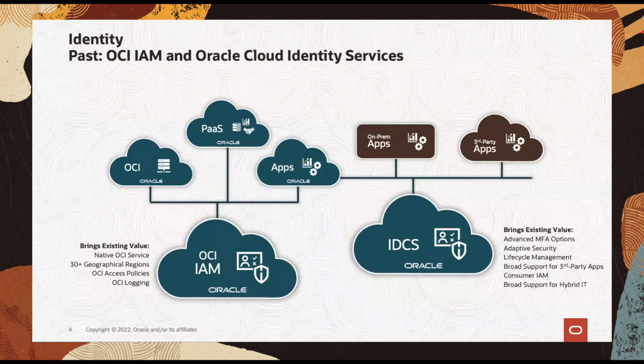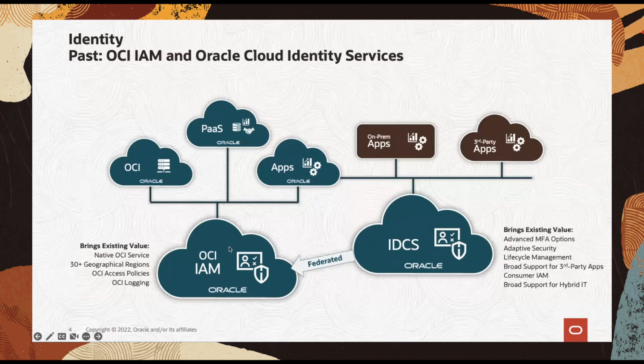So now with the help of the OCI IAM and the IDCS, we were able to manage a few of the resources on the OCI and also give seamless single sign-on authentication to the on-premise and third-party applications. And then we decided, why don't we federate IDCS and the OCI IAM? Maybe a group of users in the IDCS might need access to a few of the OCI resources. So we federated the IDCS and the OCI IAM to manage the resources.